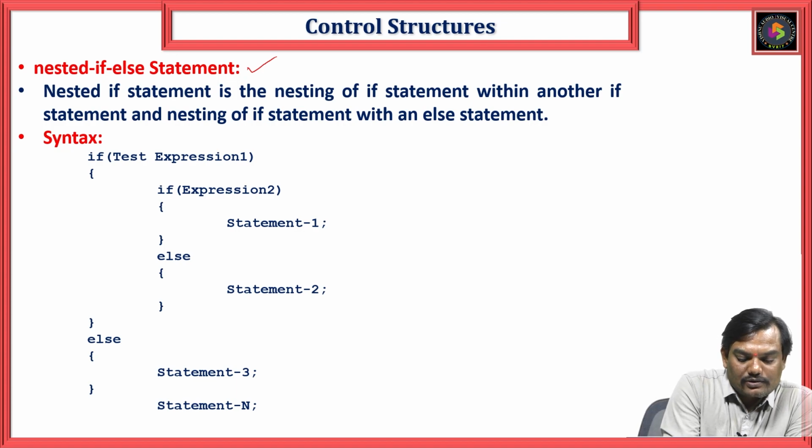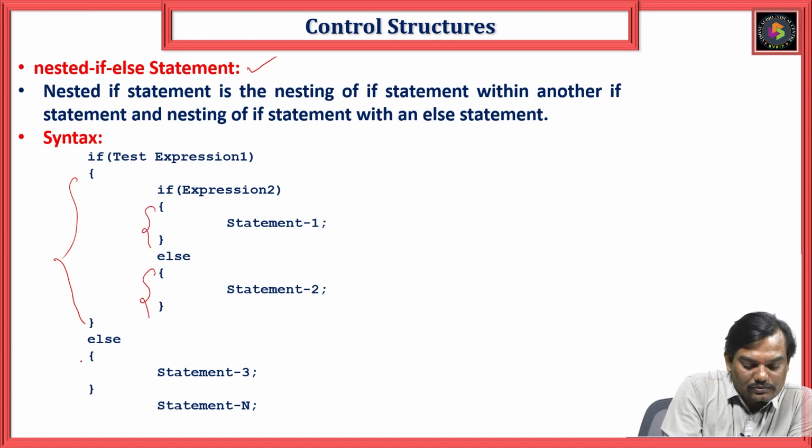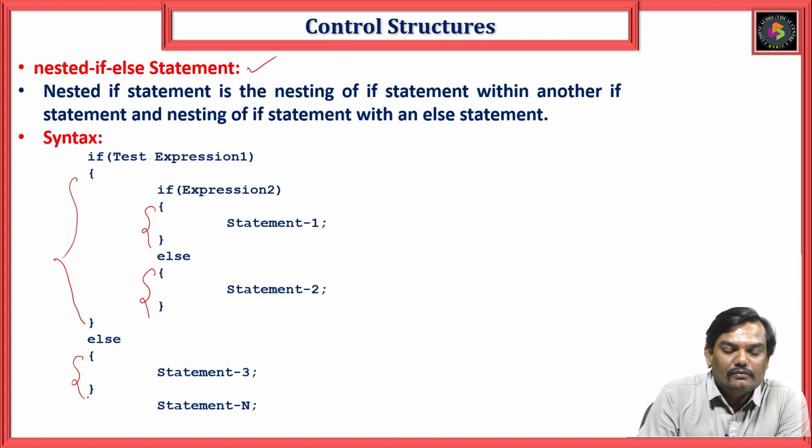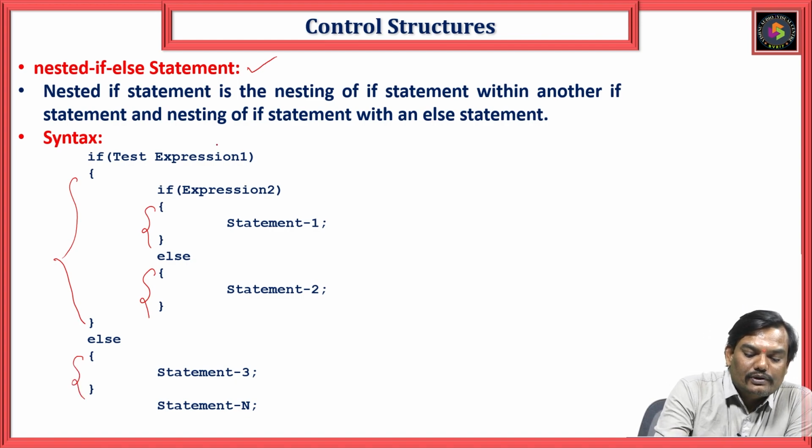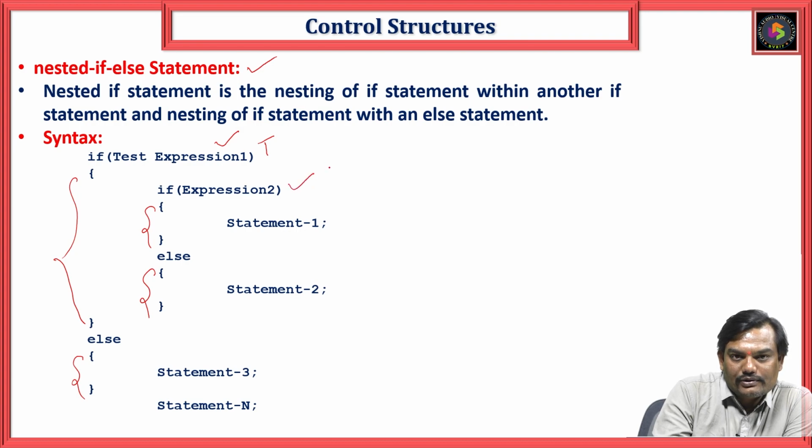In a nested if-else statement, we have an outer if block as well as an inner if block, an inner else block as well as an outer else block. Based on the first expression evaluation, if the first expression is evaluated to true, then we move into the inner block and the second condition will be tested.